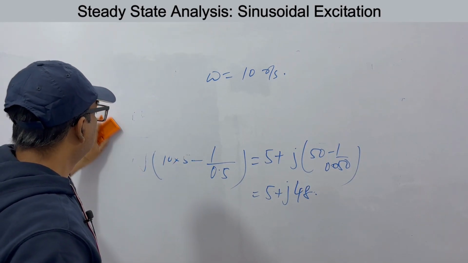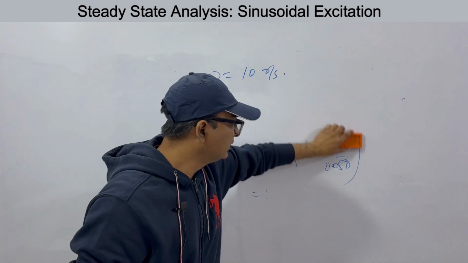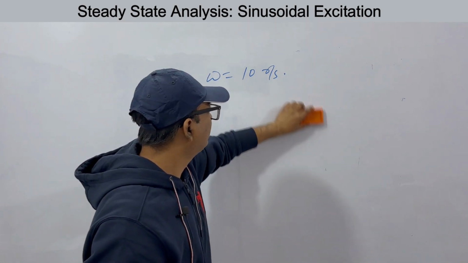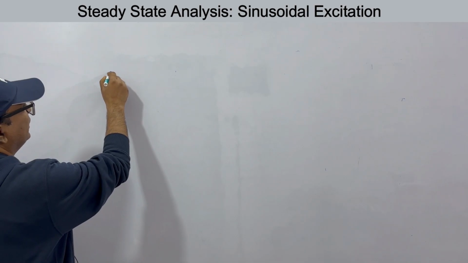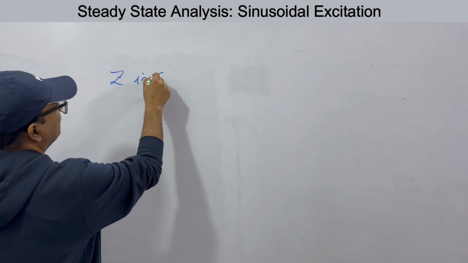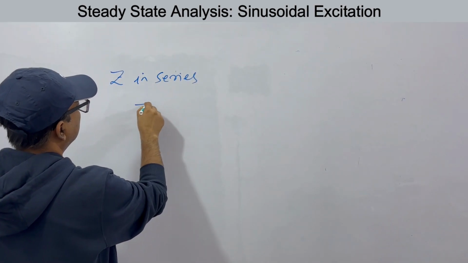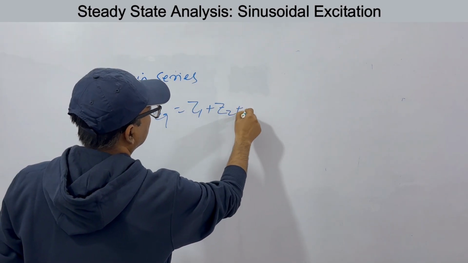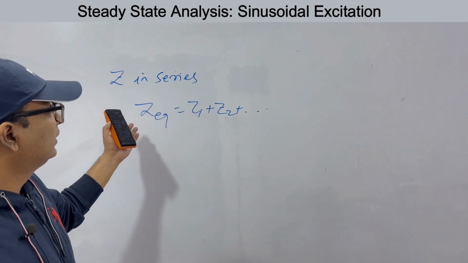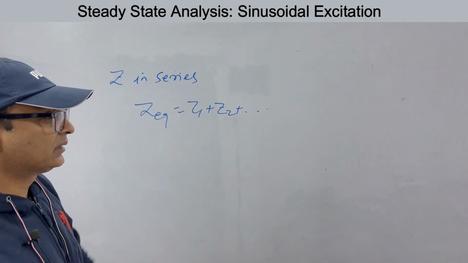And impedances in series: Z equivalent is Z1 plus Z2 plus and so on, as we do in the case of resistors.